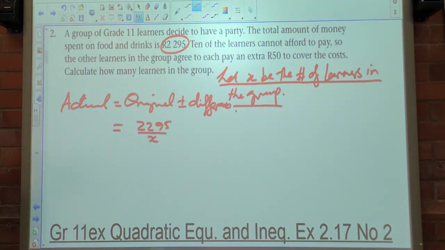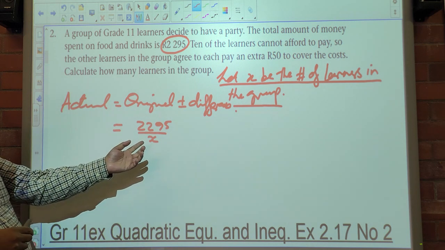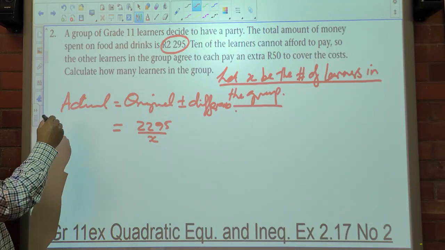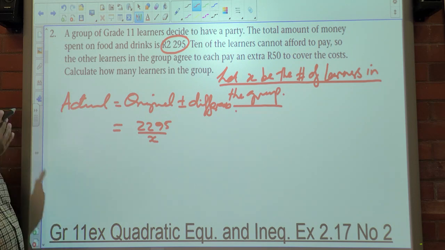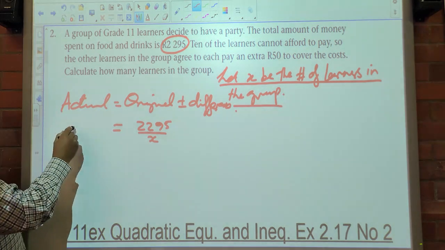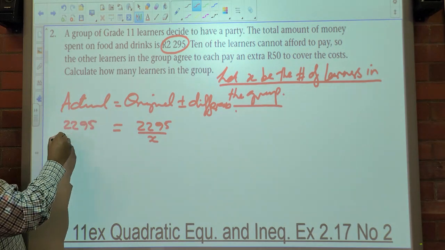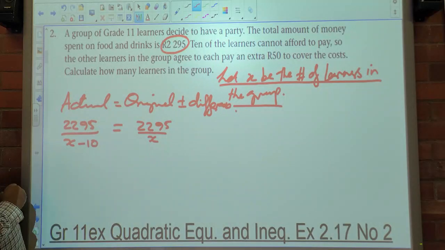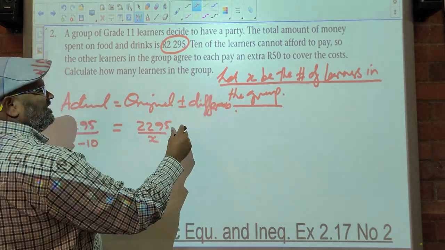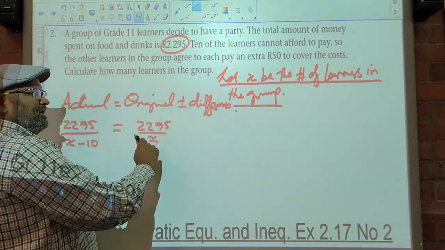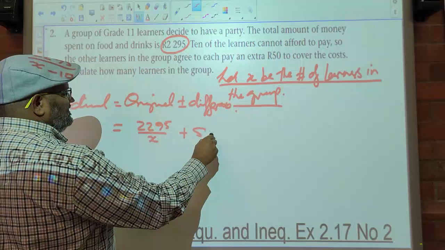So that is what it would have cost if everybody had to pay their part. Not so? But that's now not the case. How many actually paid? X minus 10, which is 10 less. Okay? So it's 2,295 now divided by x minus 10. But how much is each one paying extra now, over and above what they would have paid? 50. And there's my equation.